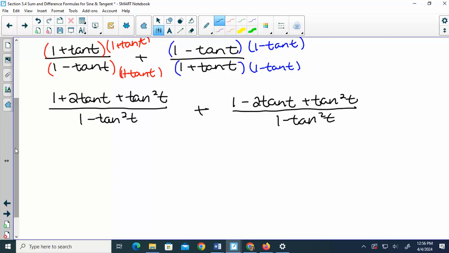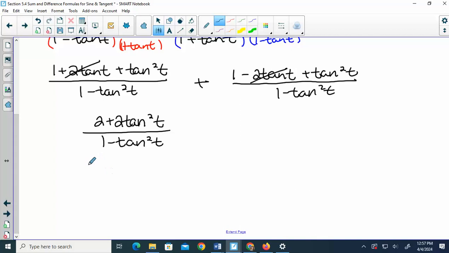We're actually close. What can we do now? We'll add them and then take out the common denominator. We put them together. When I do that, these will cancel. So we have 2 plus 2 tangent squared t over 1 minus tangent squared t.